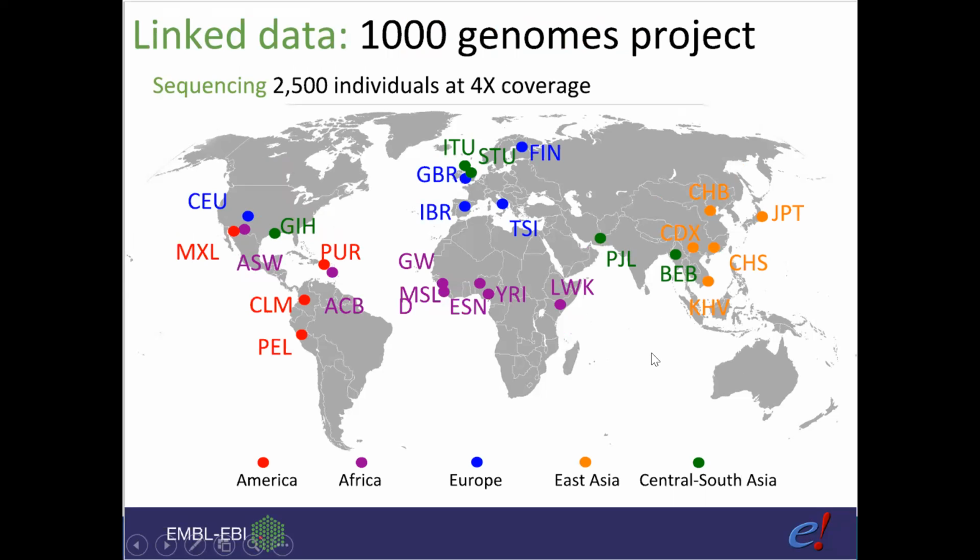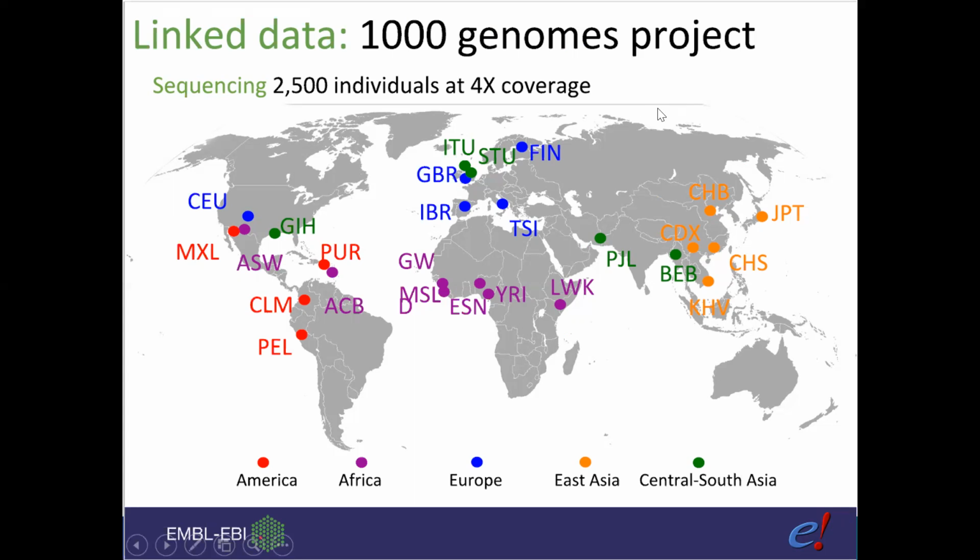Okay, the 1000 Genomes project. Here we see even Finland, and I think the dot should actually be on Tampere in southwestern Finland, because that's the hub of the Finnish genome data, at least at the time of the 1000 Genomes project. It says 2,500 individuals, but now they've gone beyond 3,000.